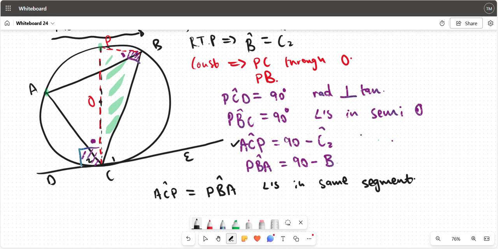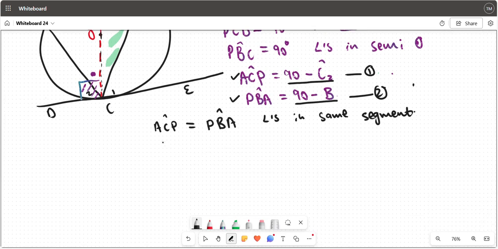And what you will notice is that we have equation 1 here, we have equation 2 there, and I've just linked equation 1 and equation 2. I'm saying they're equal to each other. So all I can do is take this right hand side and this right hand side and equate those.